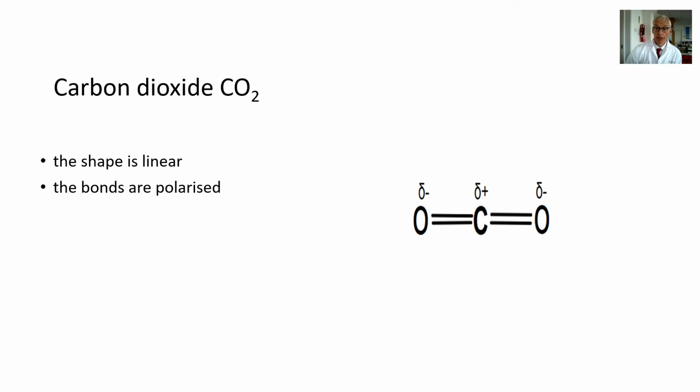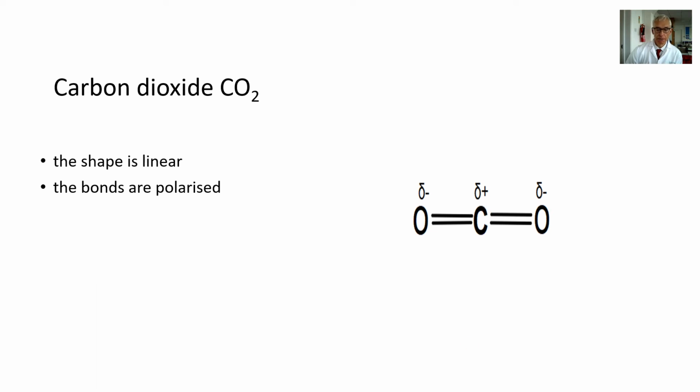So we could represent carbon dioxide as a linear molecule, with delta minus, delta plus, and delta minus. But we can see that the distribution of charge is balanced. To the left we have delta minus, to the right we have delta minus, delta plus in the middle.